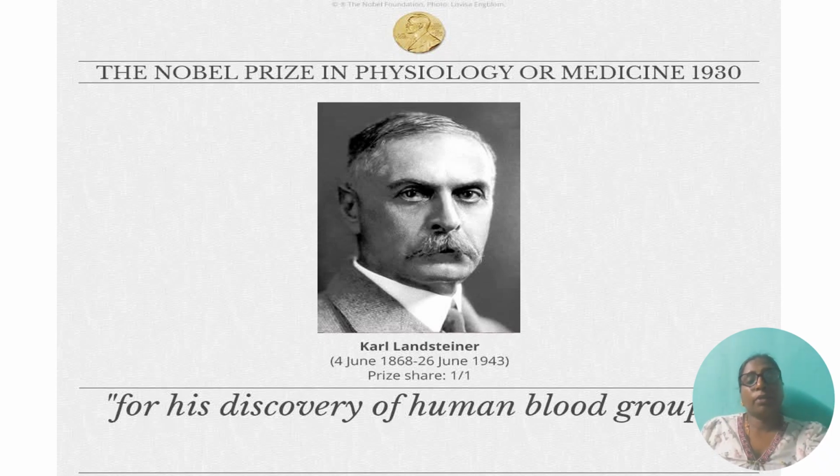Later, together with Alexander Wiener, he also contributed to the discovery of the RH system, RH typing. For his groundbreaking work, Karl Landsteiner received a Nobel Prize in Physiology or Medicine in 1930.